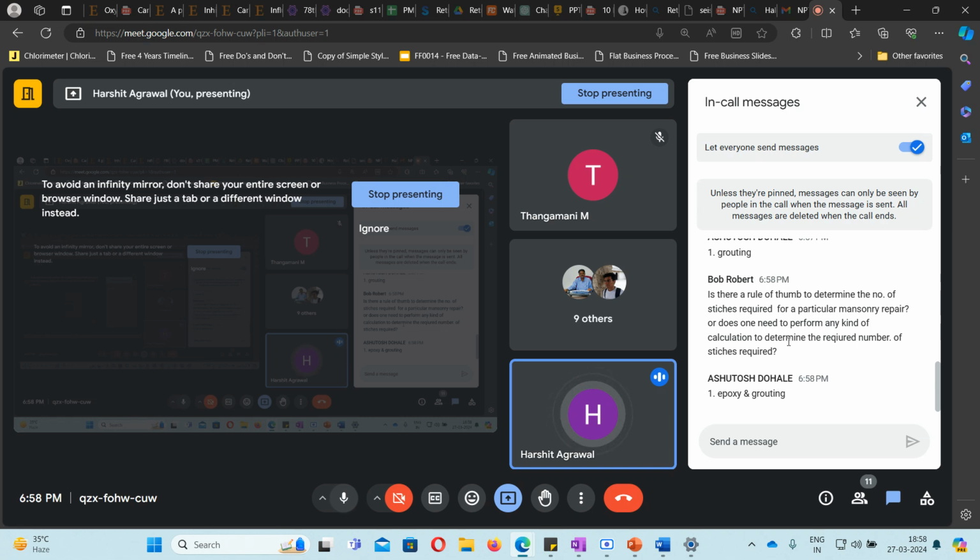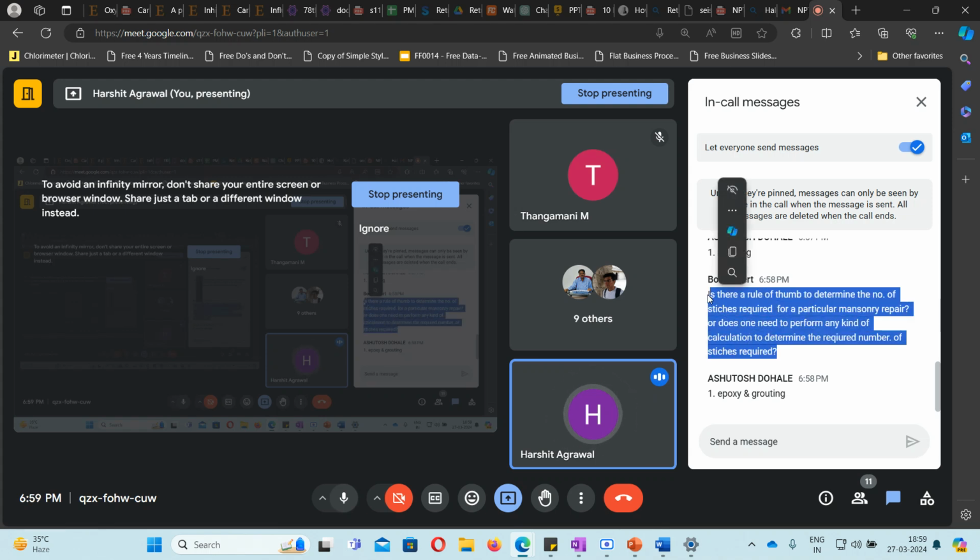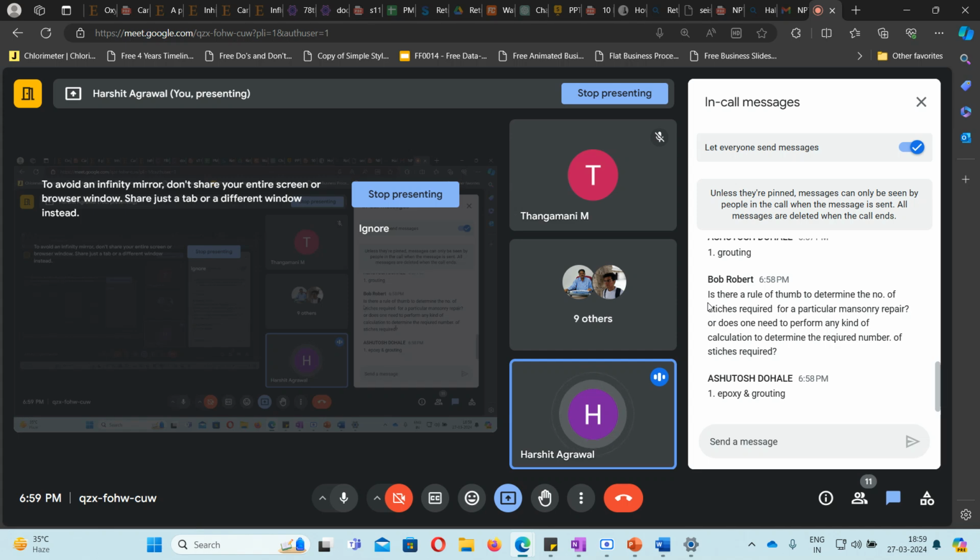The definition of how many stitches to provide and which kind of rebar to use all comes with practice. There is no thumb rule defined anywhere for how many stitches we require. These things are generally carried forward by experience.